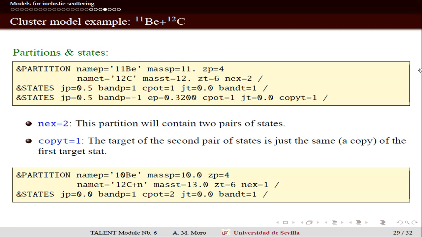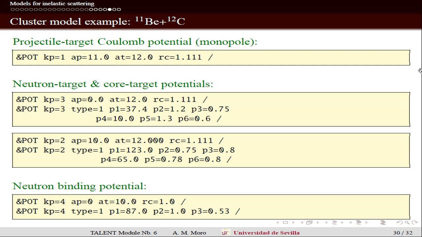So in principle, one shouldn't need to specify a potential for this. But in practice, one has to define the point Coulomb interaction, the central Coulomb interaction between them, because this potential is actually not calculated by this folding. That could be more complicated. It is just singled out from the calculation.